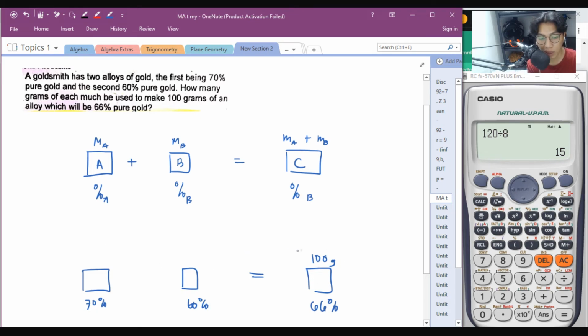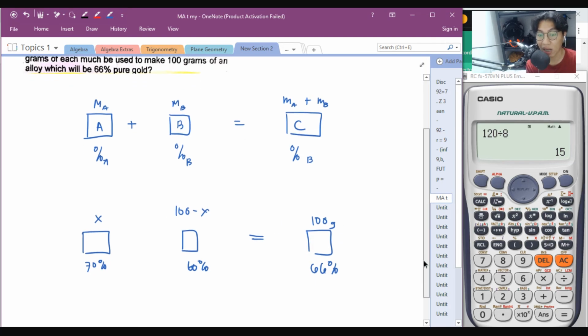Okay, 100 grams. Pagpalagay natin, yung isa dito will be, hindi natin alam yung mass, x, yung isa, 100 minus x. Sir, bakit naging 100 minus x? Siyempre, magiging total niyan dalawa, 100 grams pa rin. Tignan nyo kapag ito, naging total is 100 grams, siyempre si x dito, 100 minus x will always be equal to 100. Algebraically.